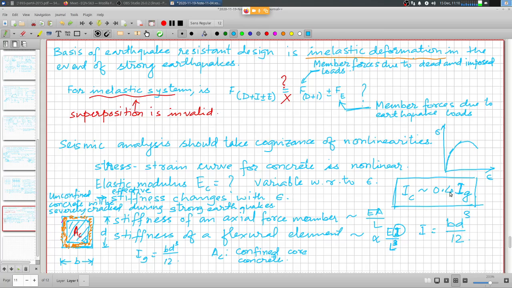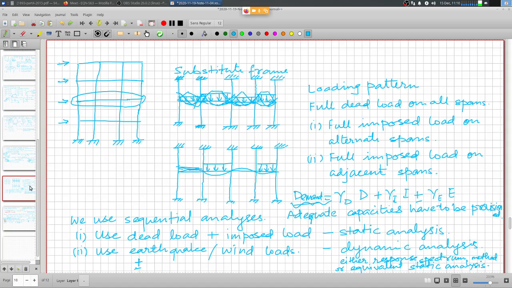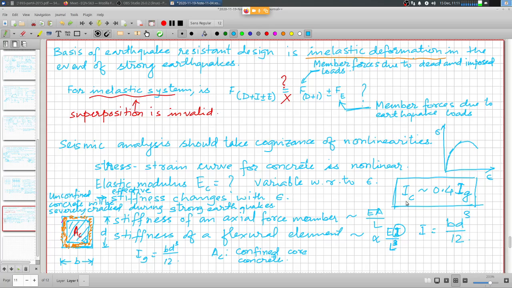Then it's only a matter of using scaled down section properties to derive the revised stiffness of the members and work out the design forces. And obviously your time period is to be estimated using these cracked section properties, and the lateral forces that you use for this lateral load analysis will also be estimated using these cracked section properties.